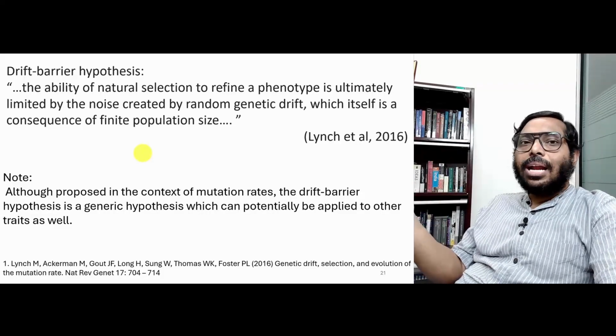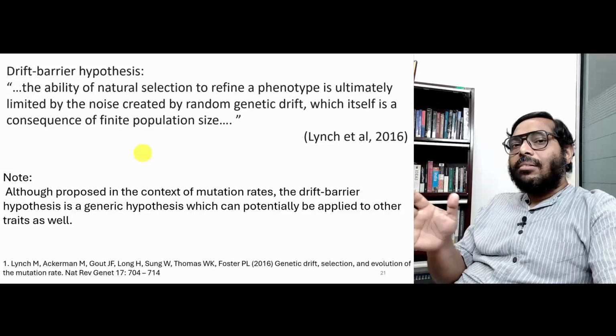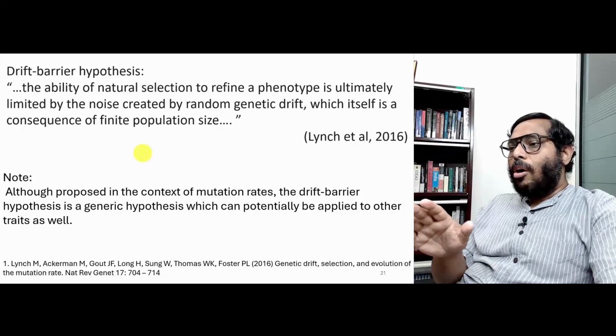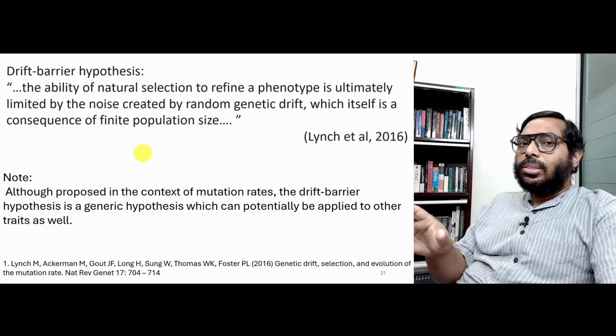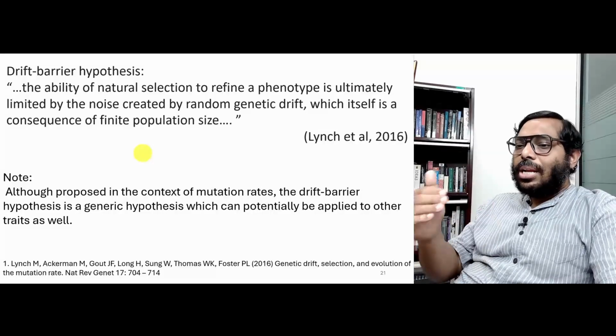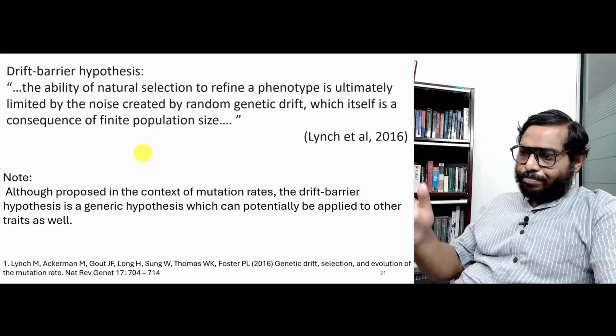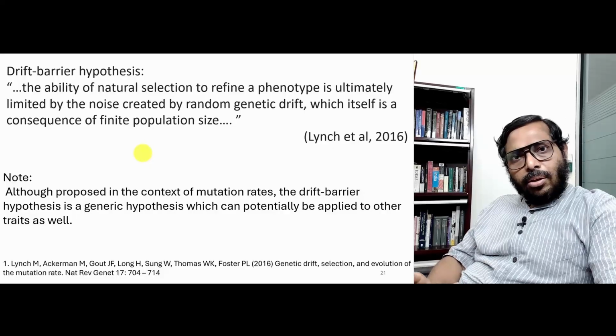One of the things that people are trying to do is to see whether in the context of other traits this is also operative. This is one of those eco-evolutionary theories where ecological and evolutionary forces come together to tell us what the ultimate outcome is.